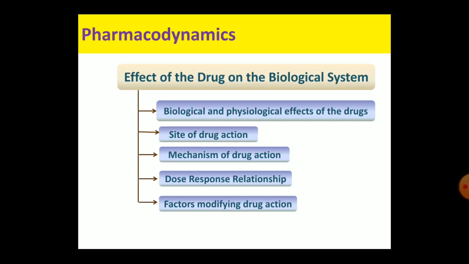You all know that for the same disease, say for example, two individuals having hypertension and the blood pressure is the same, say 150 by 90 millimeter of mercury, and you are giving the same drug in the same dose by the same route to the two individuals, even though there are so many similarities in the person as well as in the disease, still the response rate is different.